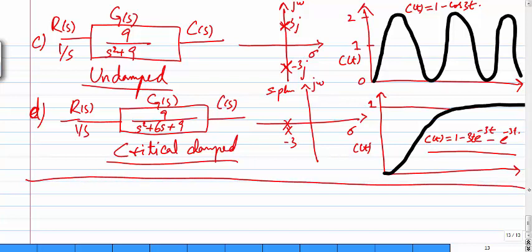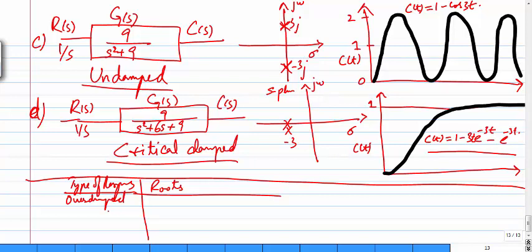So let us review what we discussed: type of response, then roots. The first one is overdamped. For overdamped we have 2 distinct left half plane roots.